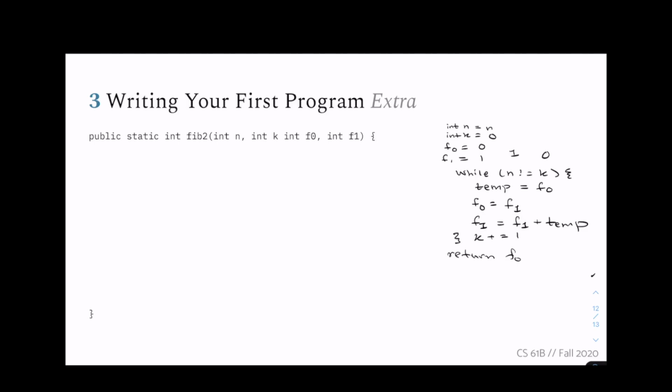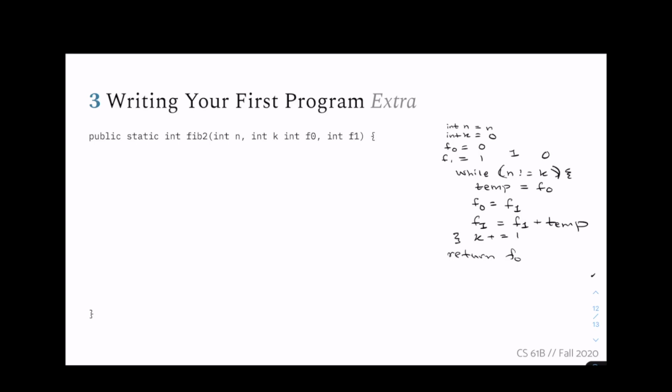So, to answer the first question, what is the base case? You can think of the base case in recursion as basically the opposite of this condition in iteration. Because in recursion, when the base case is true, you stop recursing. Similarly, in a while loop, when the condition is false, you stop iterating.